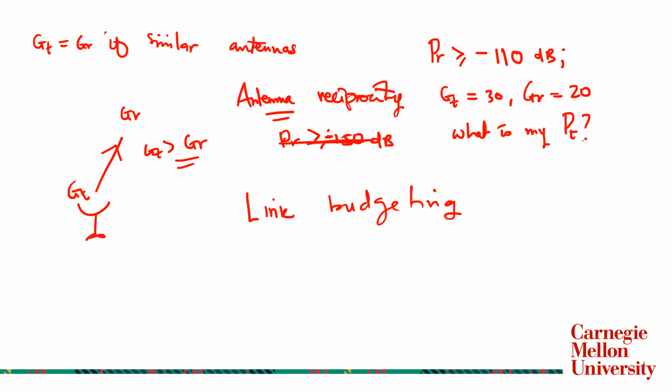What is my PT? Because now you can work backwards to actually design your transmission parameters. And I think that one you can definitely do, because all you need now is to say that PR, which is negative 110, should be greater or equal to PT, plus GT plus GR, 30 plus 20, which is 50.